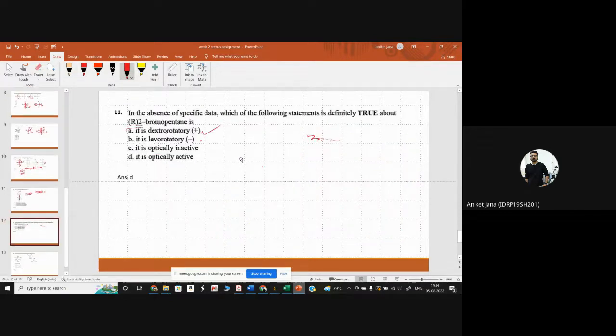So we can only say that it is optically active. In the absence of other information, we cannot conclude whether it is D or L. Is it optically inactive? No, it is not optically inactive. It is an optically active compound.